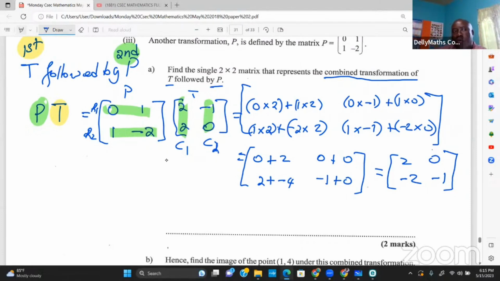This represents one complete transformation that deals with two things in one. So whatever the P and the T would have done, if you did them one by one, this new matrix can do the double shifting in one go. So that is why it's called a combined transformation. So we have a matrix for that.